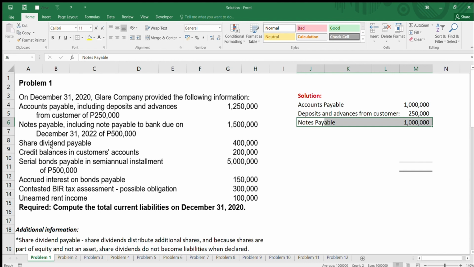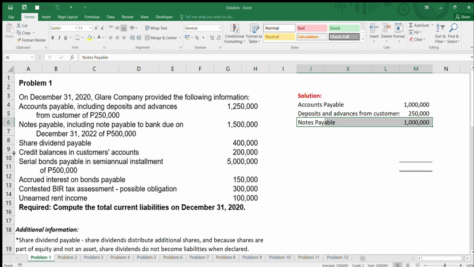Next, credit balances in customer's account amounting to 200,000. When we say credit balances in customer accounts, that is your accounts receivable, which is part of your assets. The normal balance of our assets is always a debit balance, so positive. What happened here is a credit balance of 200,000.